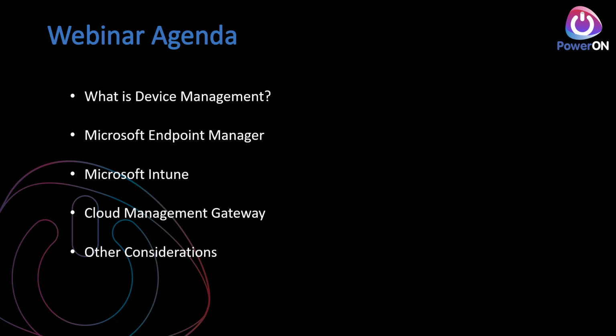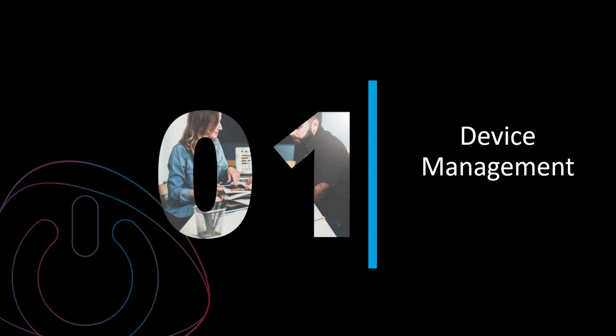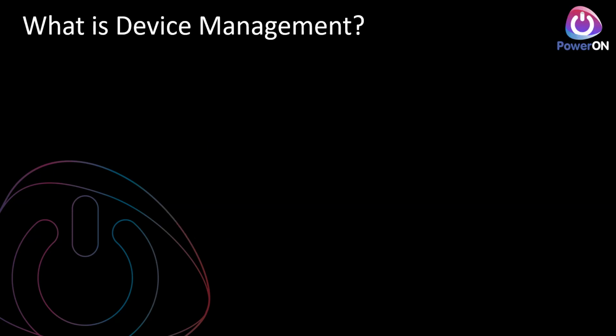So we'll cover that and just see what the differences are and what that can do for you. And then finally, I just wanted to cover a few other considerations in case you maybe don't fit into any of those, and just a few other things that you might want to think about when you're making decisions and managing devices that are mobile. Okay, let's press on.